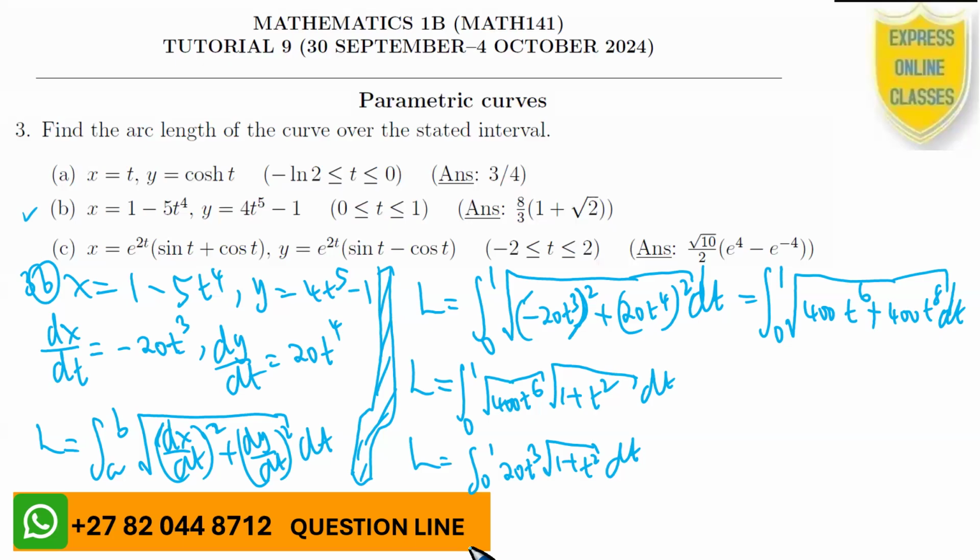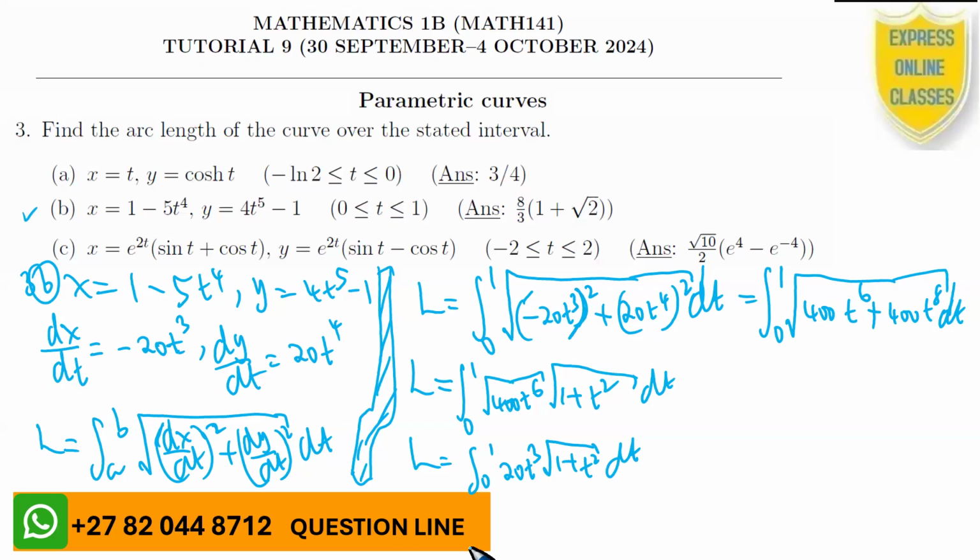Now then, what becomes this integral here?